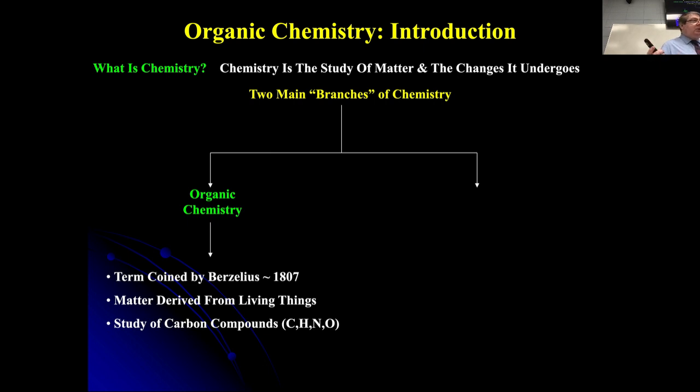We were kind of alchemists, really, trying to make gold out of lead. Okay? But Berzelius coined this term of organic chemistry, and at that time, he said that organic chemistry was any matter derived from living things. There used to be this vitalism hypothesis that thought that anything that was organic had to come from something that was living. Okay?